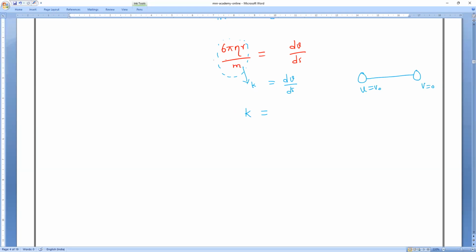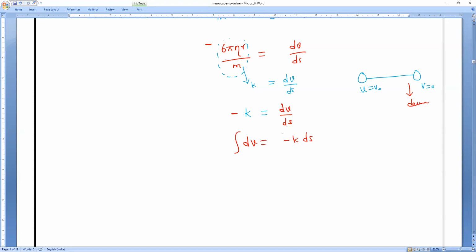So the whole acceleration is negative, and k is also negative because it is decreasing. So minus k equals dv by ds. We write dv equals minus k into ds.